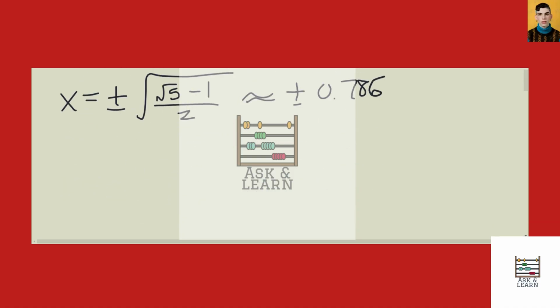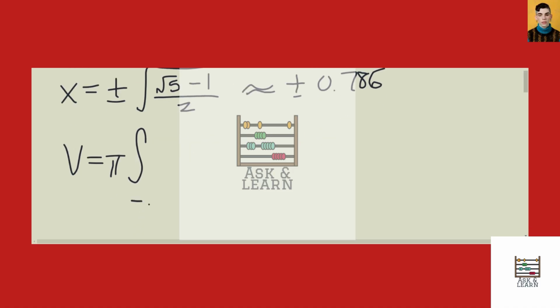So our volume, V, is pi times the integral from our left point of intersection, which is negative square root of root 5 minus 1 over 2, to positive square root of root 5 minus 1 over 2, of our outer radius squared.